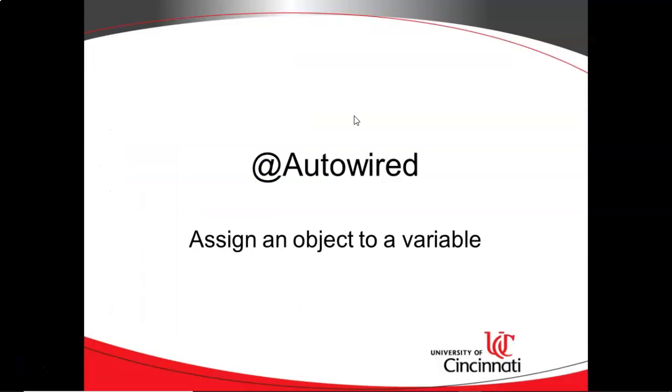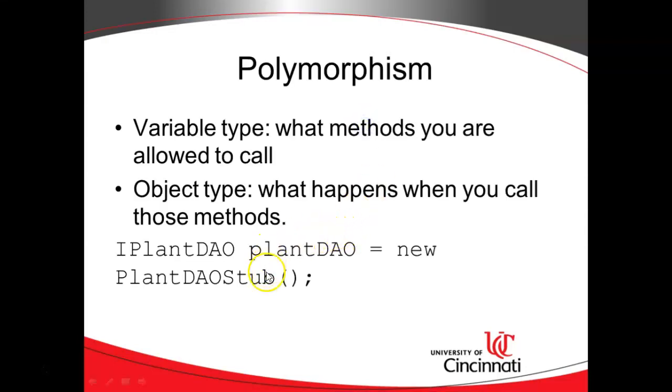So in this video, we've seen the autowired annotation and also the component, service, and repository annotation, and we see how those have worked together to instantiate an object, as we see here, and assign it to a variable, but without needing the assignment operator and without needing the new plant DAO stub hard-coded.